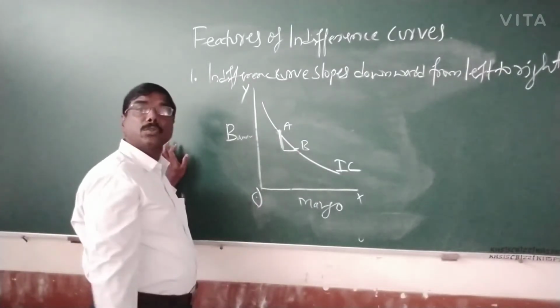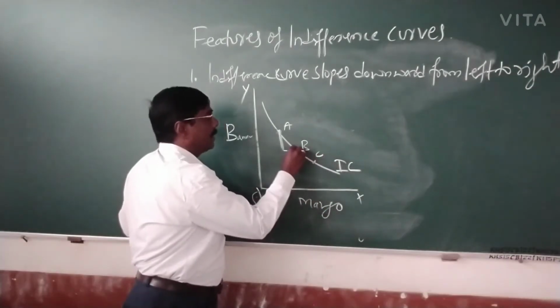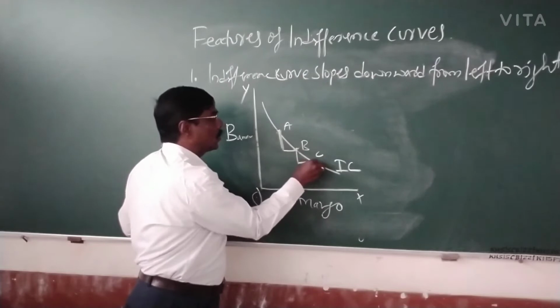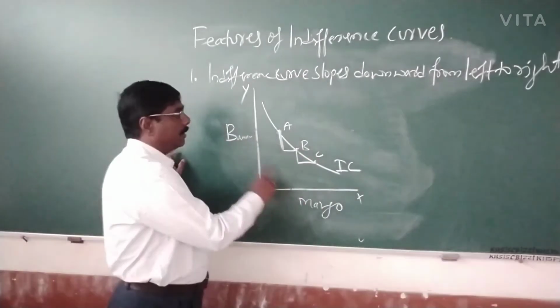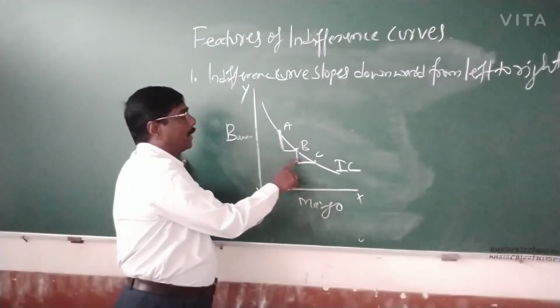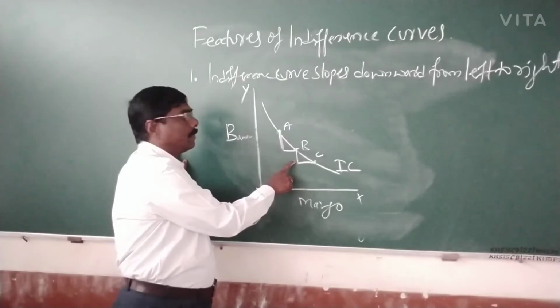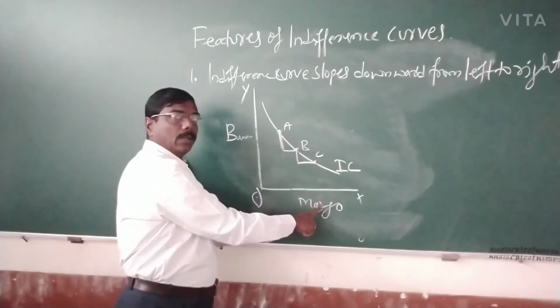And suppose he wants to consume even more mango, say at the C combination. At C, he has to reduce the consumption of banana, and he is able to consume more mango, but he is sacrificing banana to get more mango.